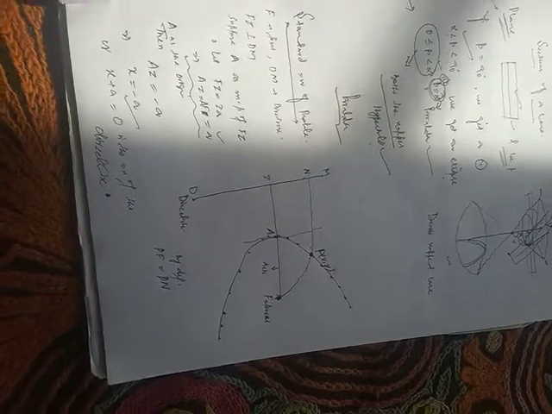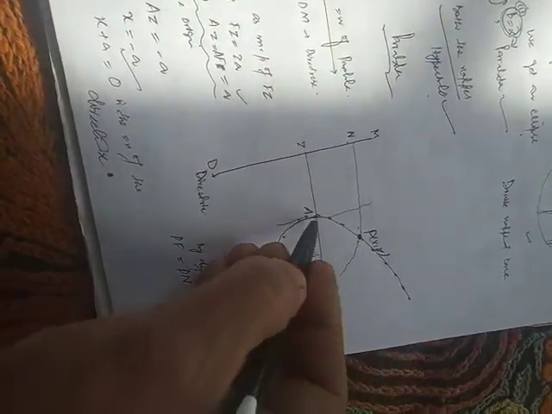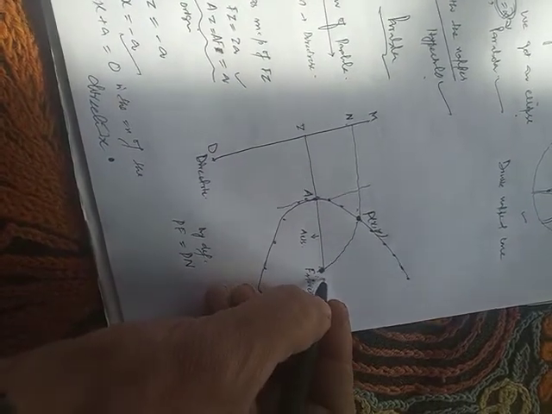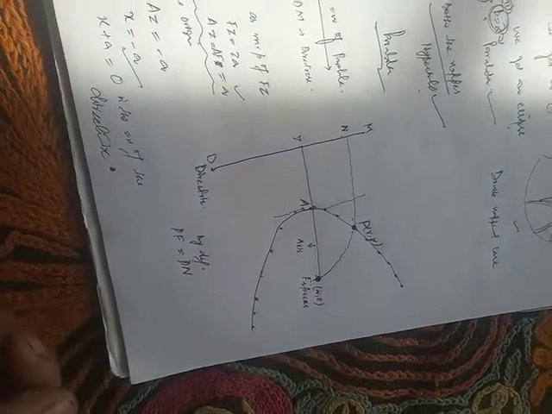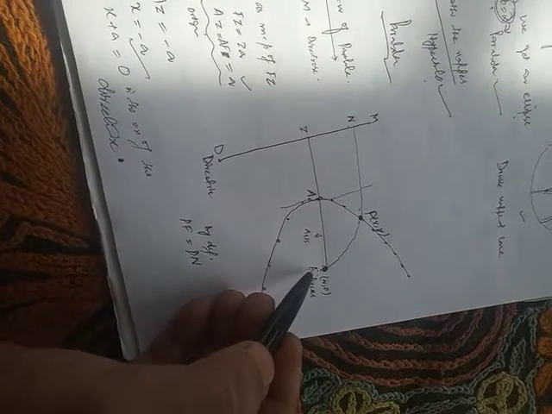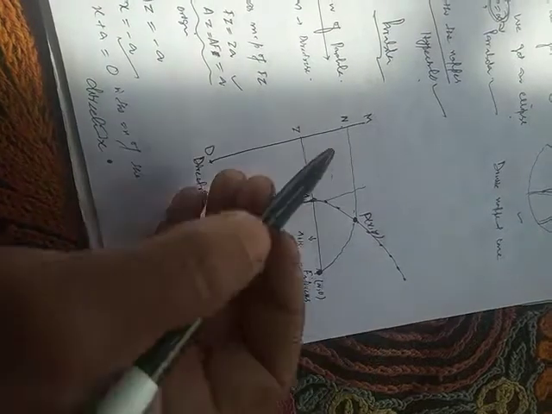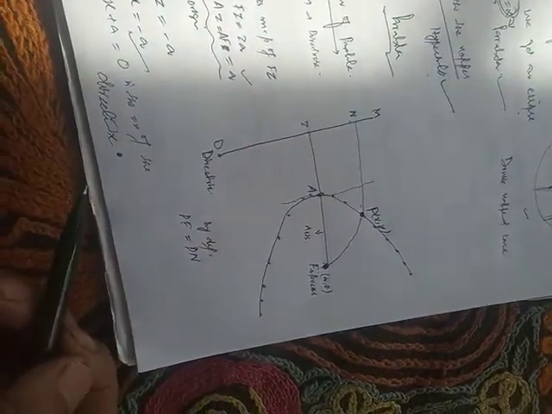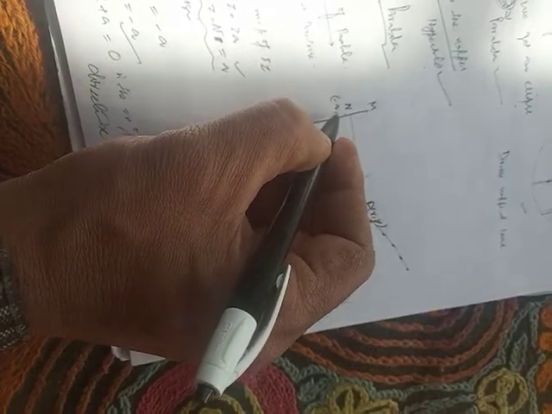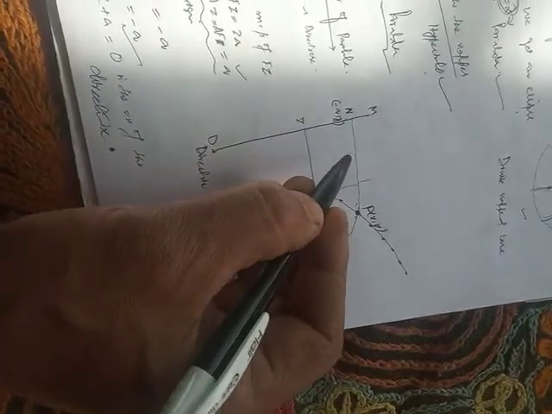Since we have chosen A as the origin, the coordinates of F will be (a, 0), because on the x-axis the y coordinate is 0, and similarly the coordinates of N will be (minus a, y), because PN is perpendicular to the directrix.